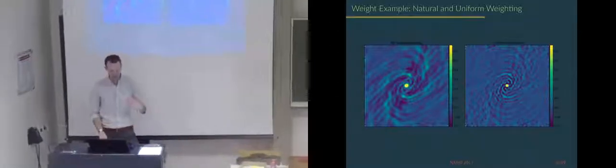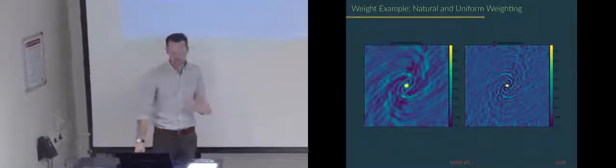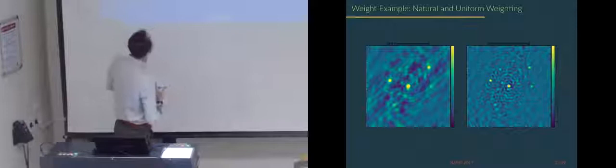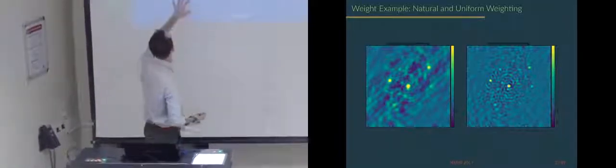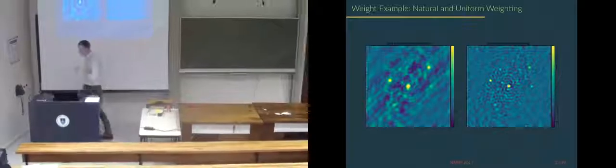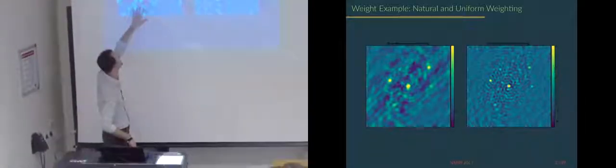It's the fact that you're not fully sampling the UV space. If you make an image using those PSFs of that same sky, you can see some interesting stuff here. Natural weighting is technically more sensitive, but because of your lower resolution, you blur out some of this stuff.